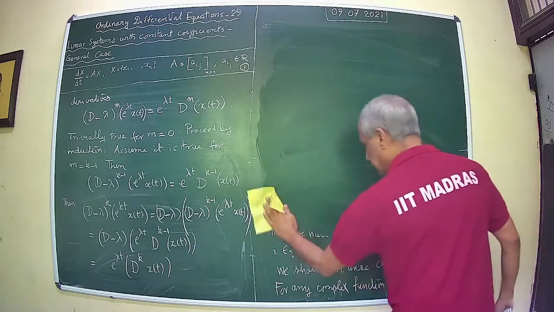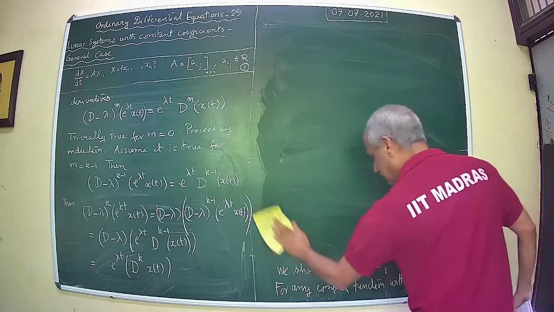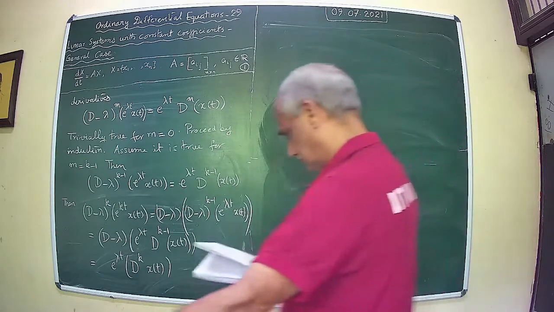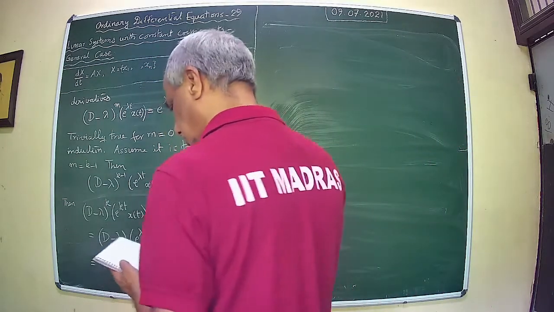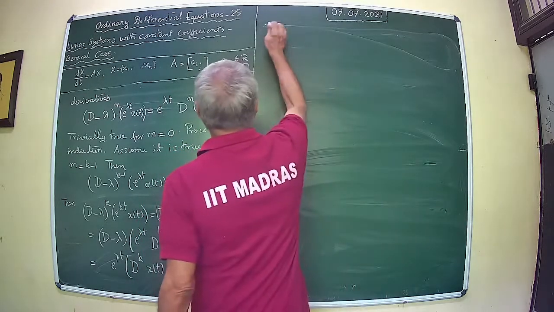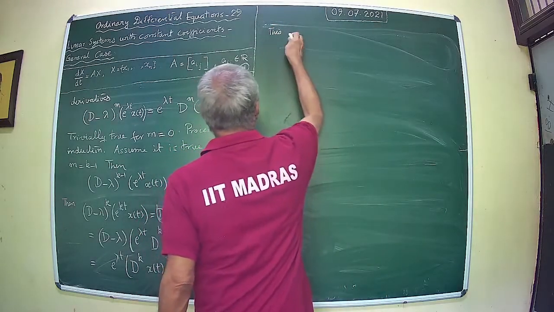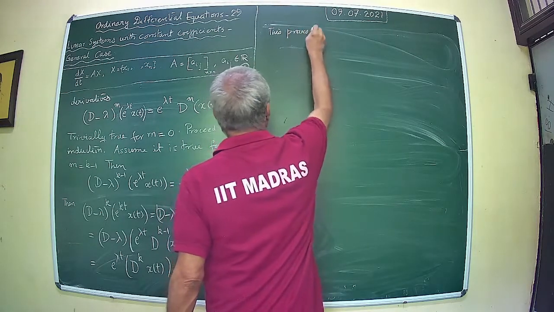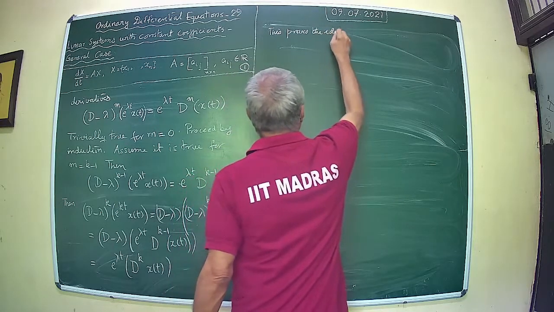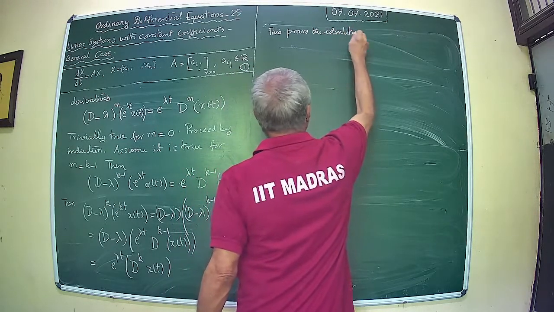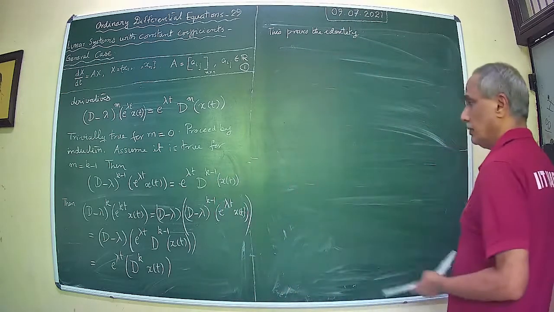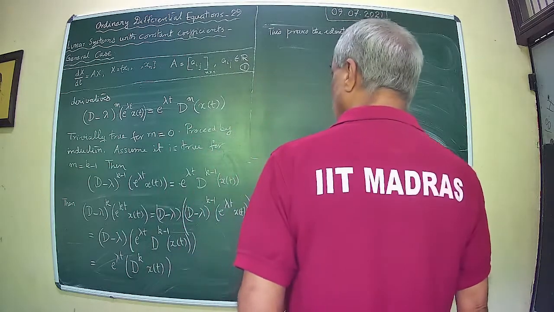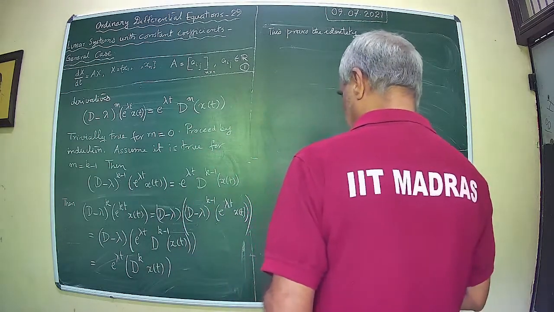and we shall use this now, the identity. Now we shall use this. How do we use this?